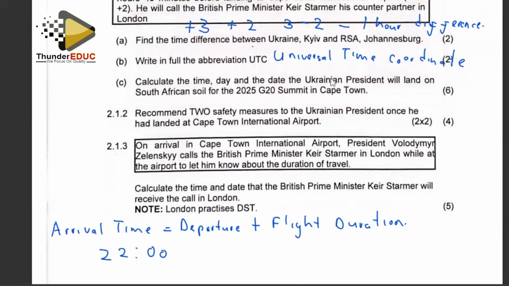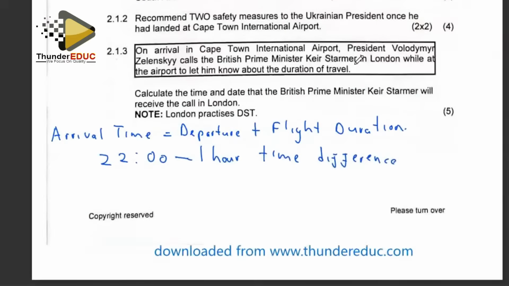When we adjust this to South African time, there is a 1 hour difference, so we subtract 1 hour as our first stage. That gives us 21. He actually left at 21:00. So that is the departure.